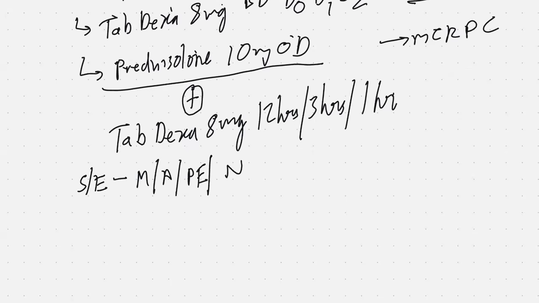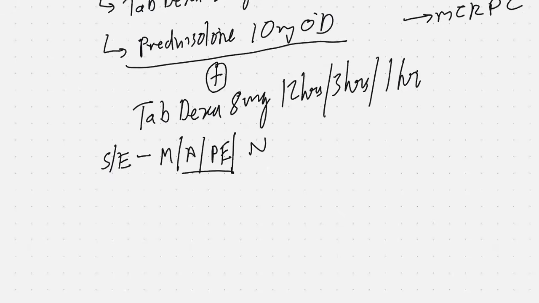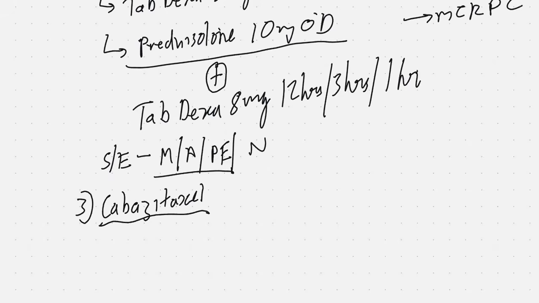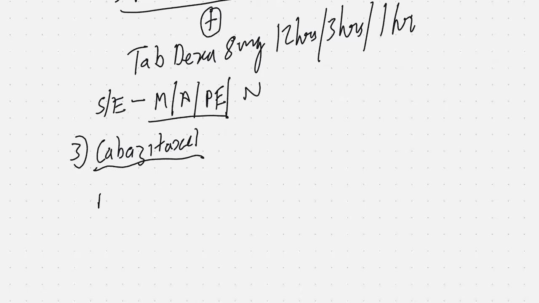Now coming to the third drug, this is cabazitaxel. So the issue with all these drugs, such as your docetaxel, for example, is that the major resistance mechanism for docetaxel is the development of an MDR phenotype. That is a multi-drug resistance one pump phenotype.